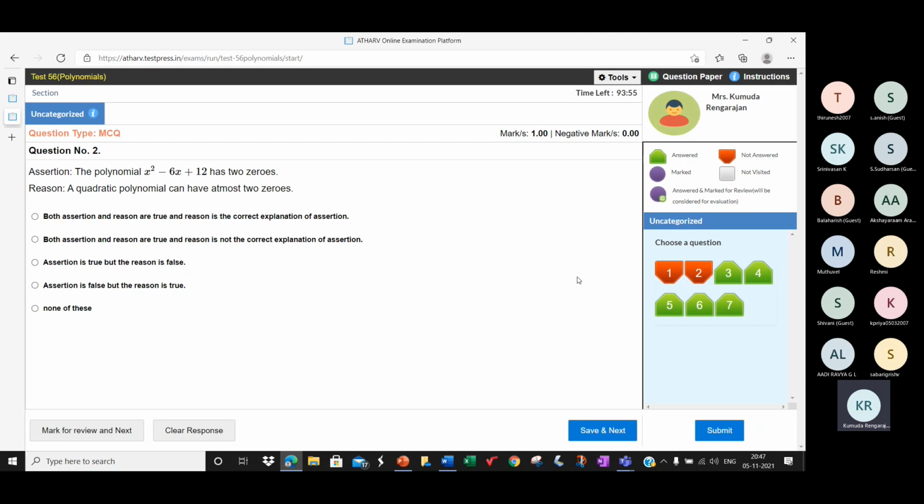That means the given quadratic polynomial has no real zeros, but it's given 2 zeros. So the assertion is false. The reason, a quadratic polynomial can have at most 2 zeros, is true. So assertion is false, but the reason is true. Correct? Yes, ma'am.